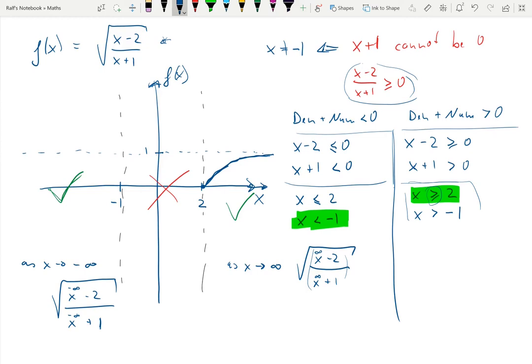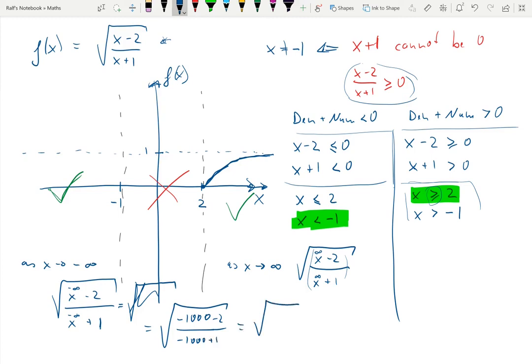So think about if, perhaps that's not so easy to think about. Think about if x is -1000, then in the numerator we will have -1000 minus 2 divided by -1000 plus 1.